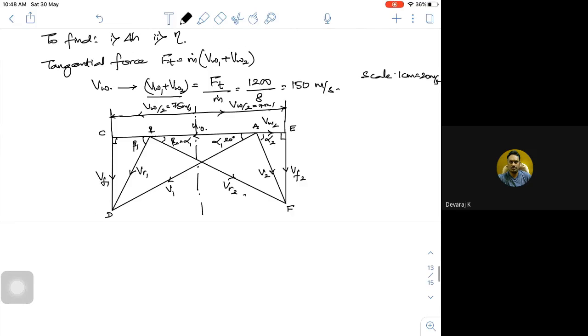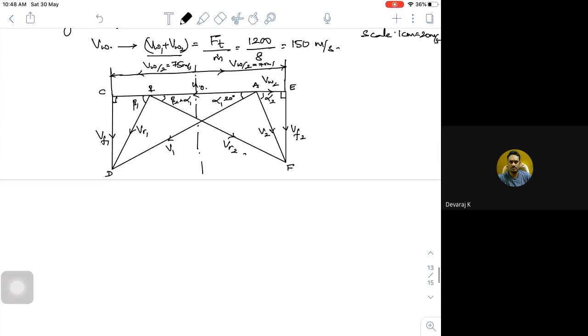Now, if you try to measure it, this is roughly the values you are supposed to get after using the graphical method. Unless you practice it, you won't be able to get it. Once you draw the velocity triangle, what are the values you are going to get?